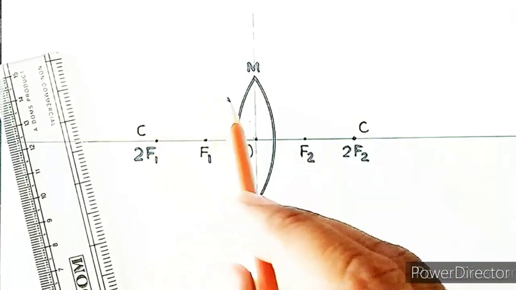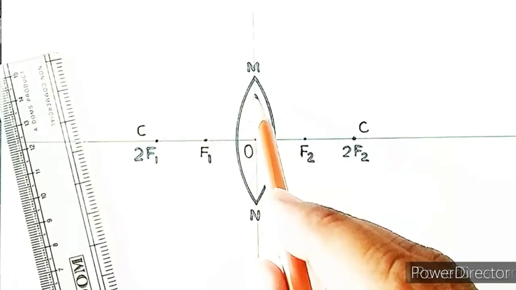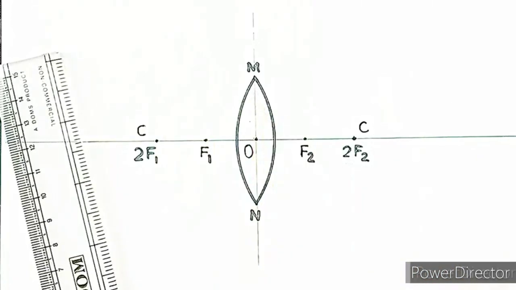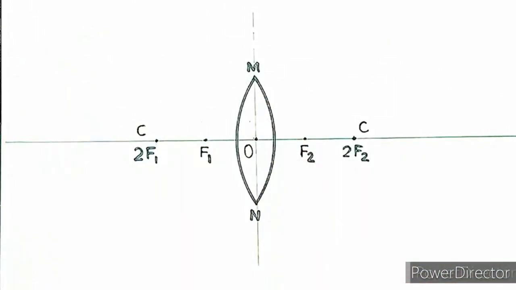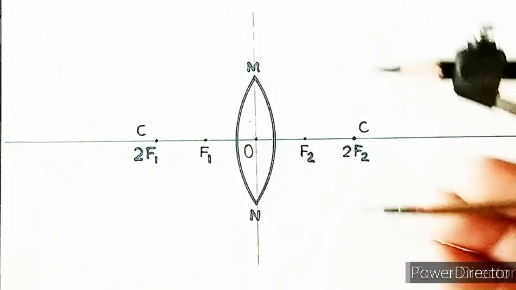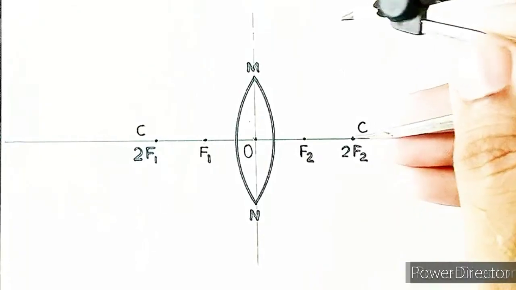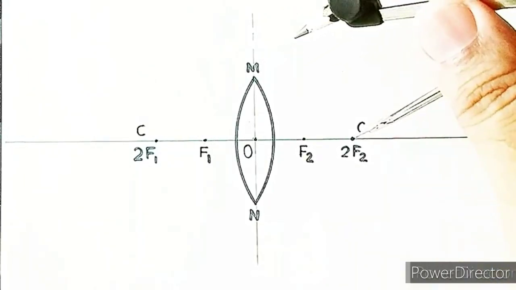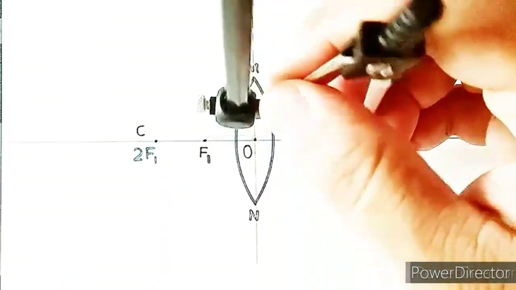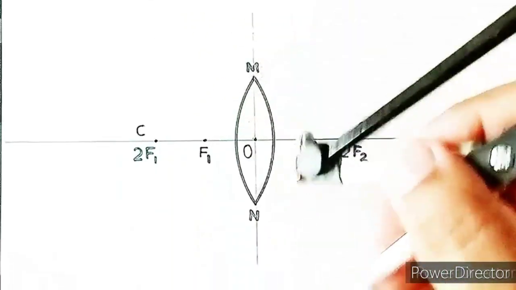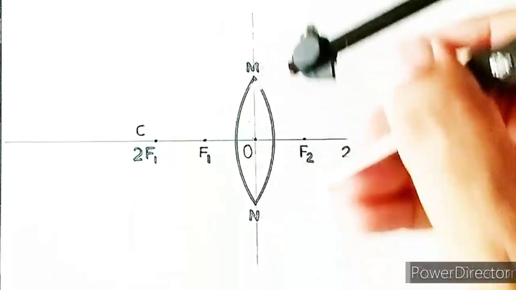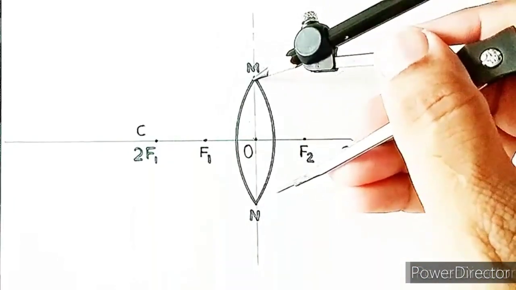The ray of light will pass through this and it will get refracted from this. Okay, now we know we need to draw the lens. For that we can take 2f2 as the center and, a little further from O, or whatever height you want for the lens, whatever size you want, you can keep the point there.